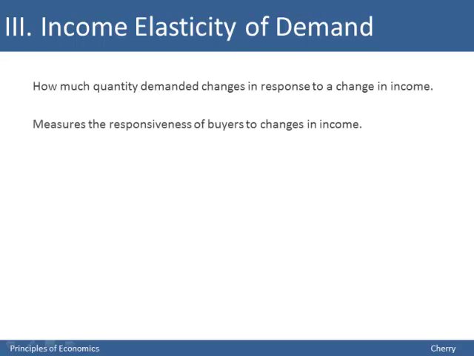So it measures the responsiveness of buyers to changes in income. Before we looked at how buyers respond to changes in prices, this gives us how buyers respond to changes in income. And it's calculated in a similar way. It's the percentage change in quantity demanded over the percentage change in income. Again, the only difference is you're looking at the percentage change in income instead of the percentage change in price.